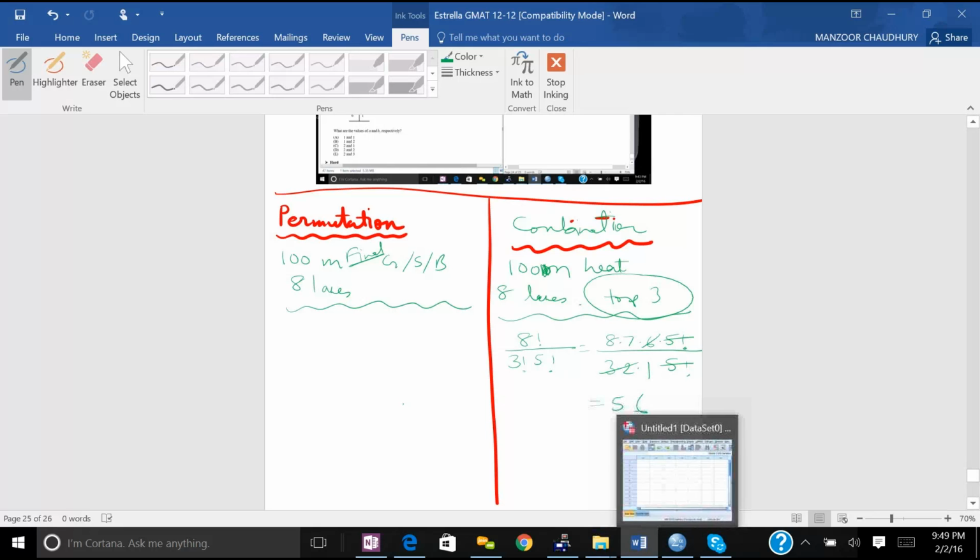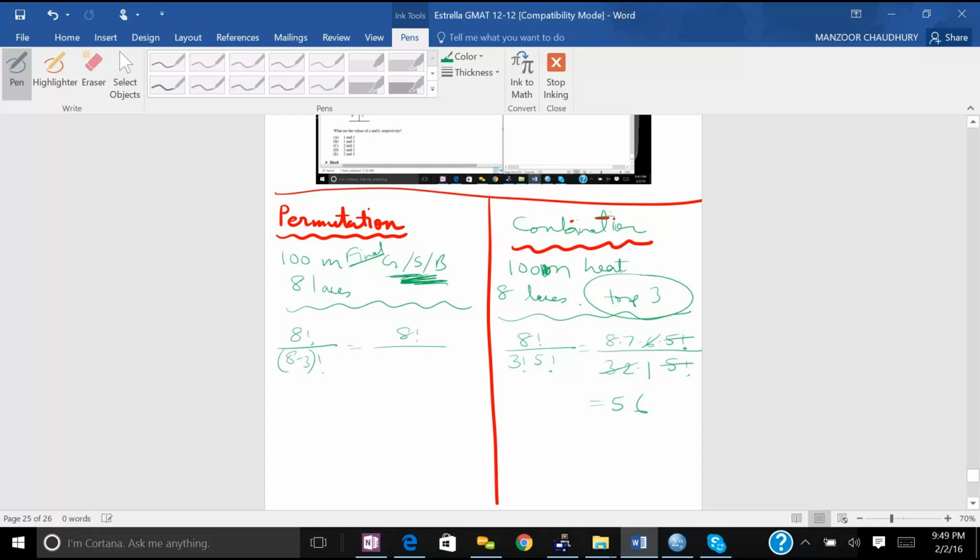Okay. On the other side, permutation is like this. You give gold, silver, and bronze. How many ways can you give gold, silver, and bronze? You do 8 factorial, and there are 3 winners, so there are 5 losers. So you do 8 minus 3 factorial, which is 5 factorial. Cancel, cancel.